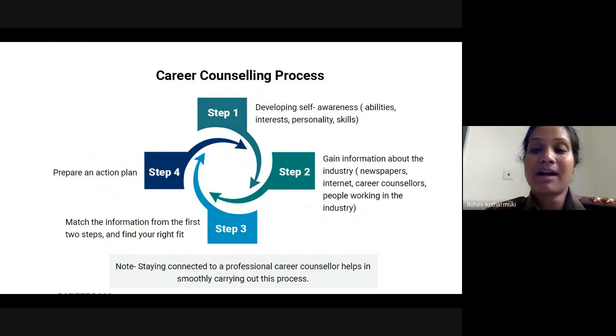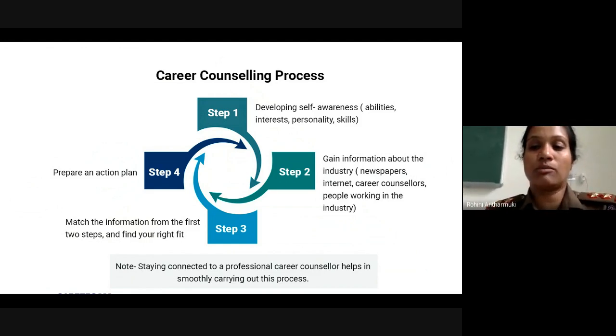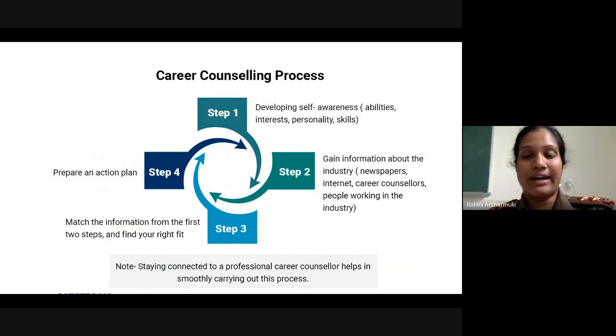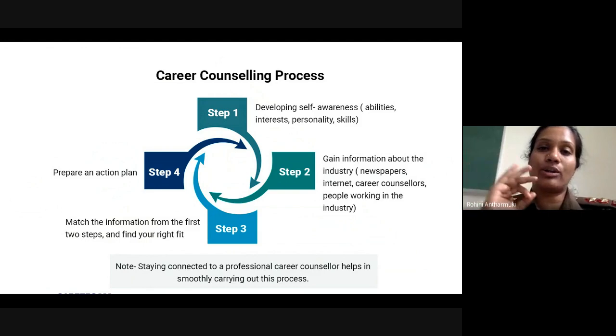Gain information about the industry, whatever industry they want to be in. So you need to know what kind of counseling they require. I told you there are many kinds of counseling. The very bad part of what a counselor does is, instead of knowing what category of counseling they belong to, they try to counsel in every field, like education also, career also, family also.